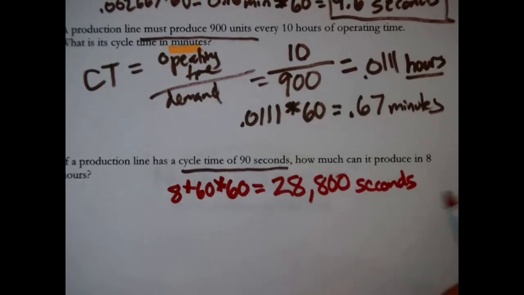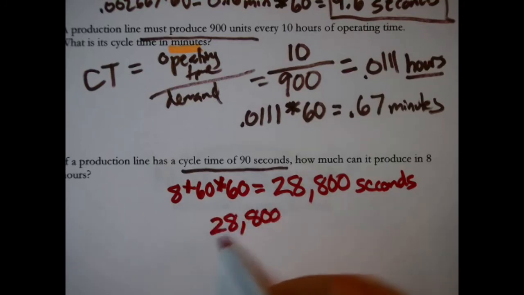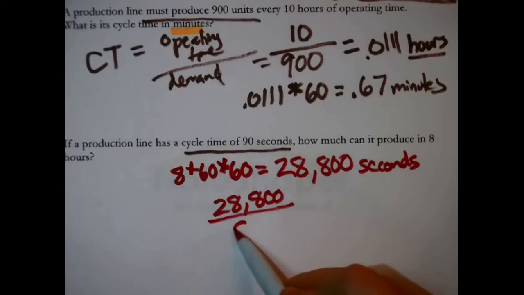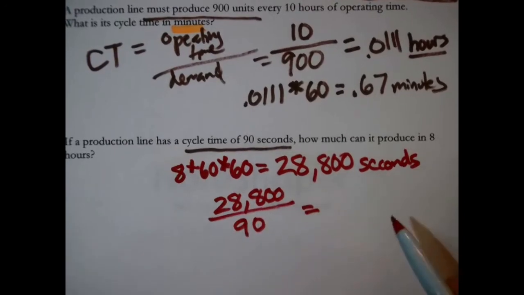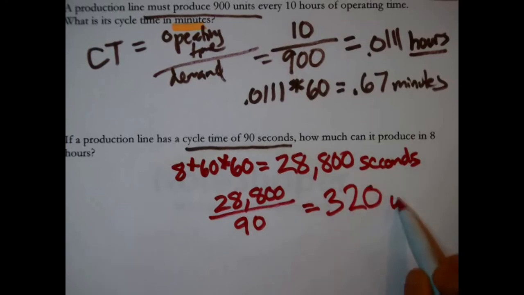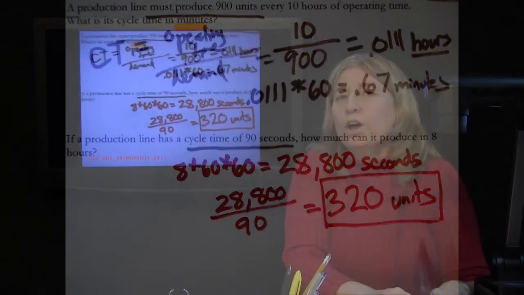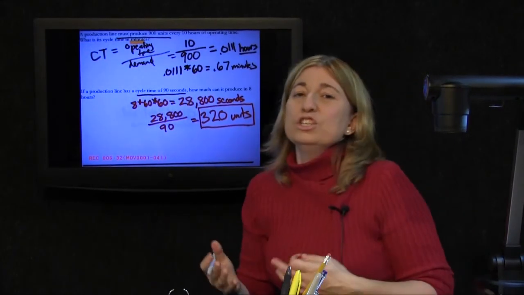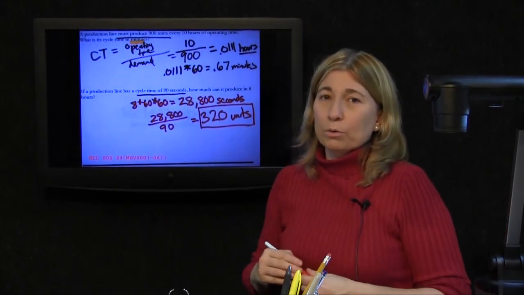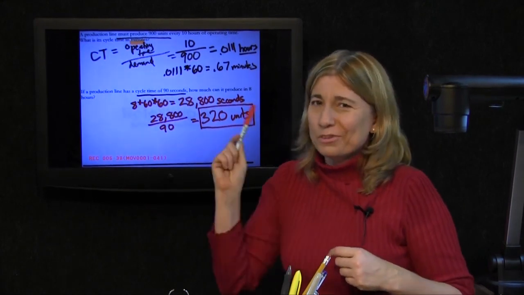All right, then I take the 28,800 seconds, divide it by 90, because we're producing 1 unit every 90 seconds, and that reveals that it successfully produces 320 units in 8 hours, or 28,800 seconds.